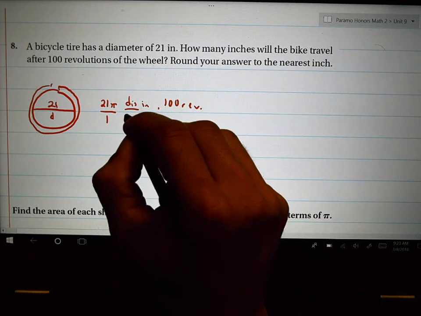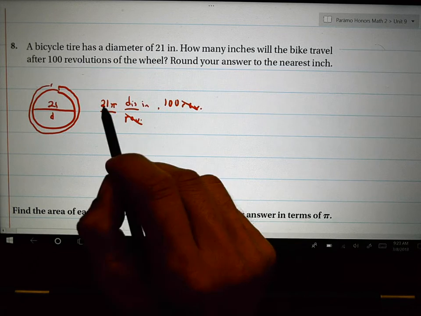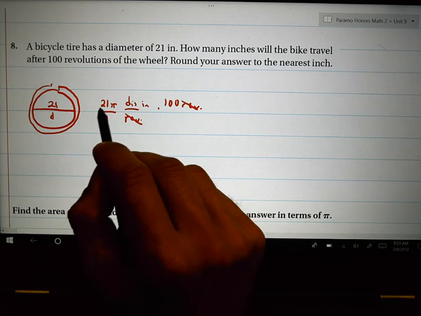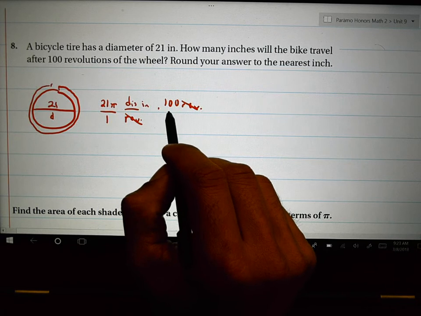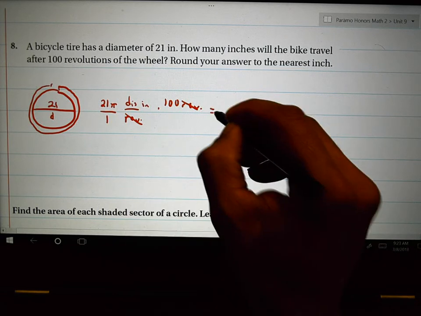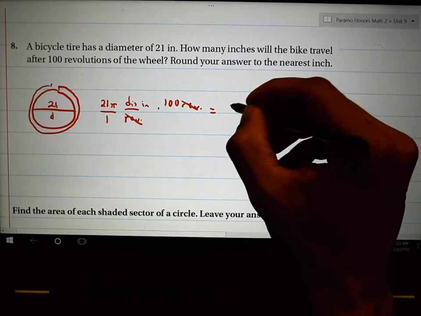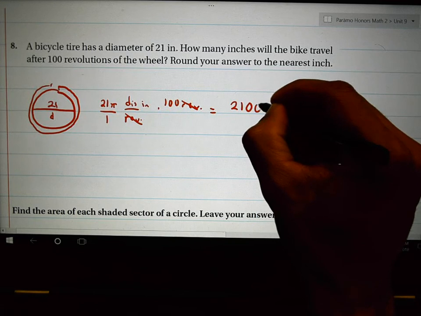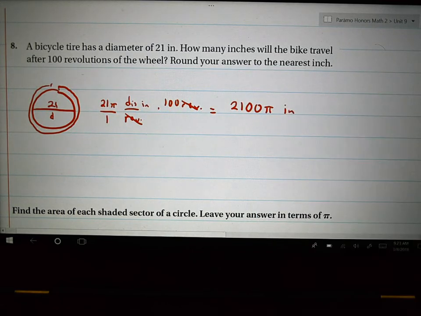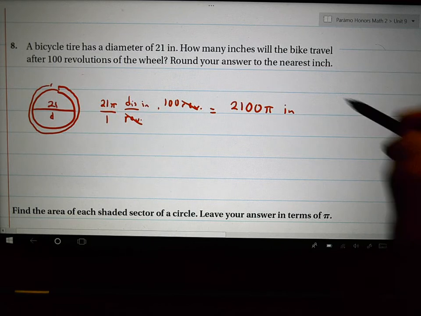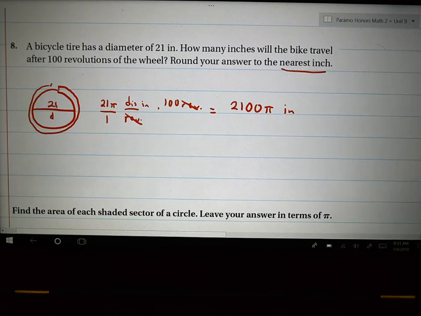The revolutions would cancel, and I have 21 pi times 100. 2,100 pi inches will be 100 revolutions, but it doesn't say leave it in terms of pi. It says round your answer to the nearest inch.